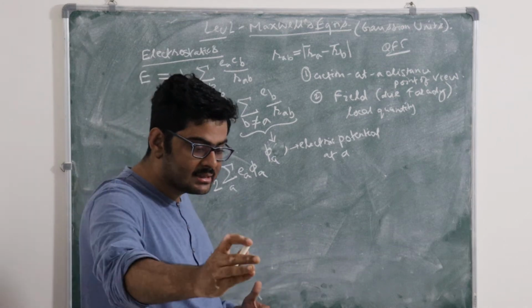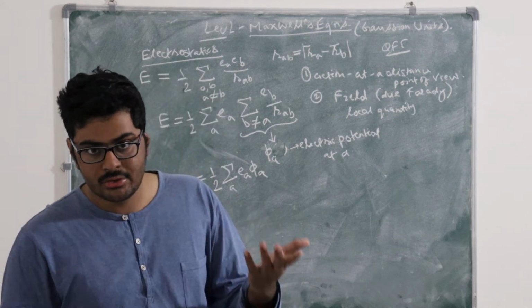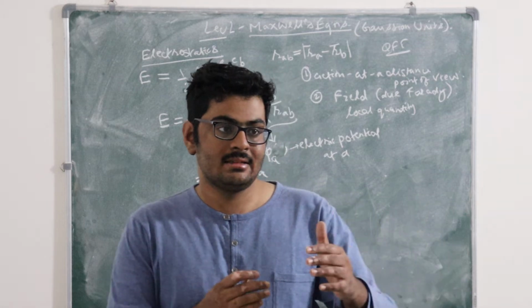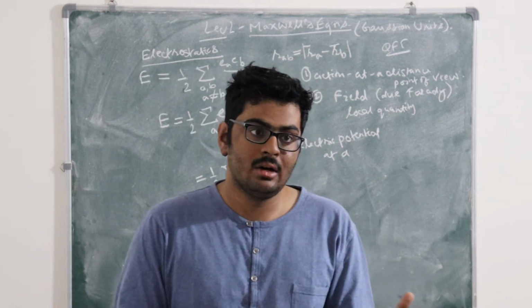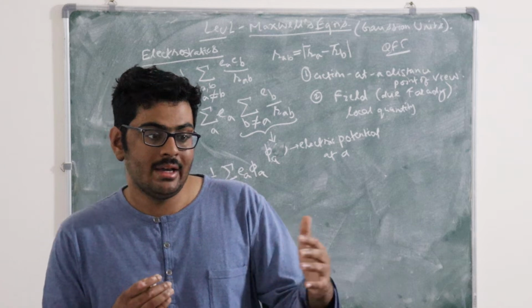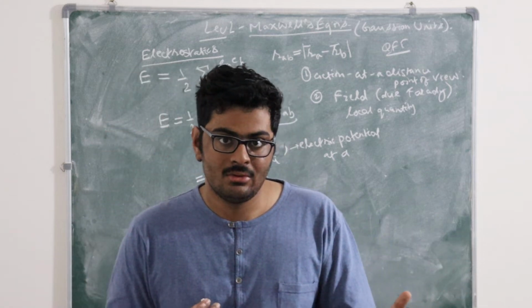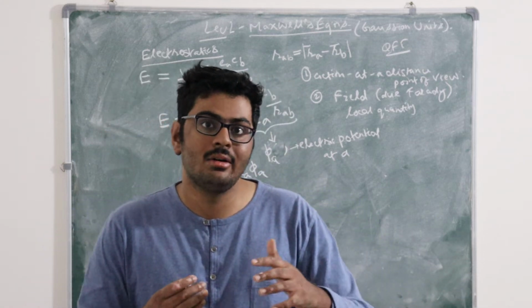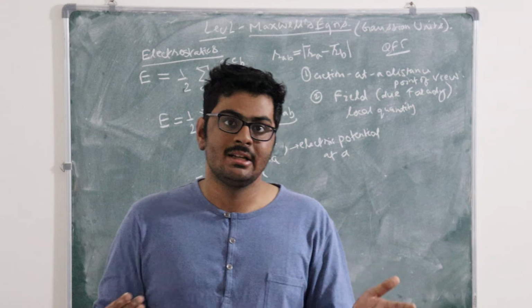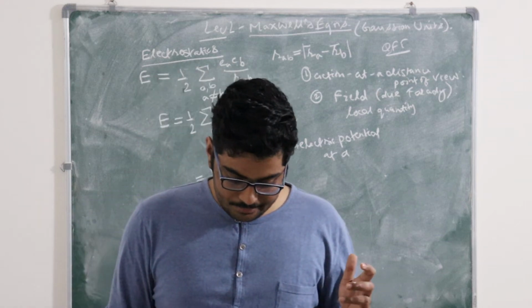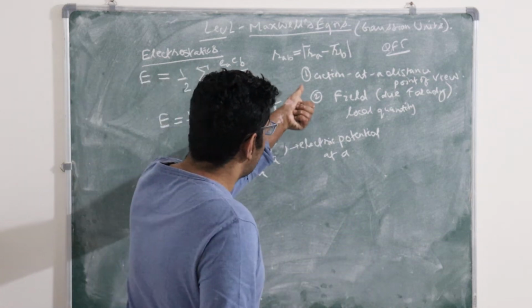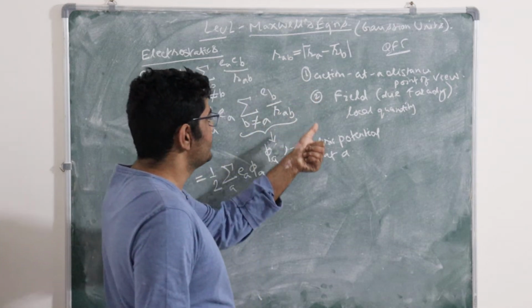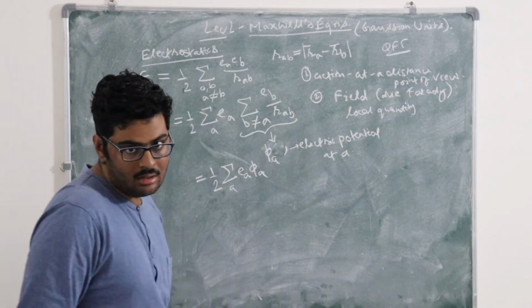As Newton used to say, gravity acts instantly, but then Einstein came and said that no, gravity propagates at the speed of light, so it is not immediate. There is nothing called action at a distance, according to Einstein. But of course, for our convenience we can take either the action at a distance point of view or the field concept.